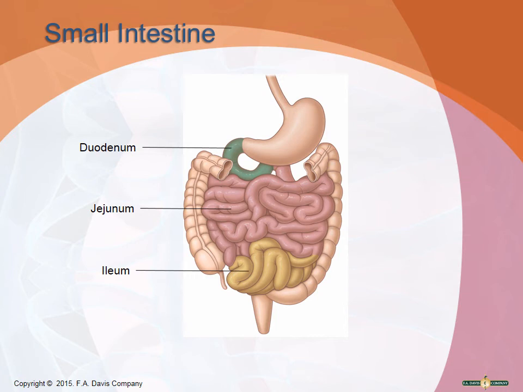So the ileum begins at the end of the jejunum and ends at the beginning of the large intestine at the cecum. So you have the ileocecal valve.